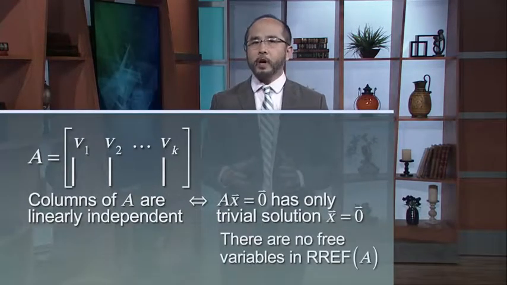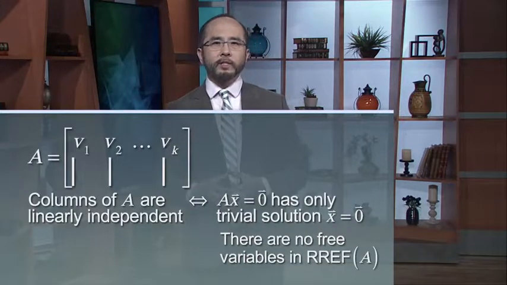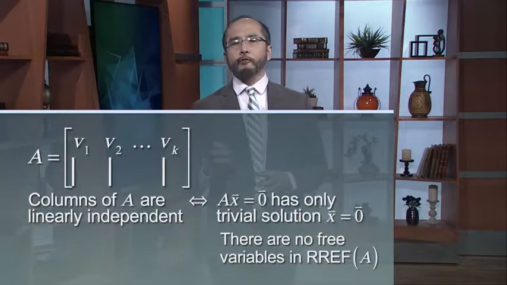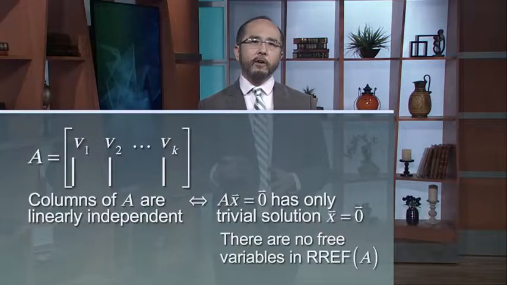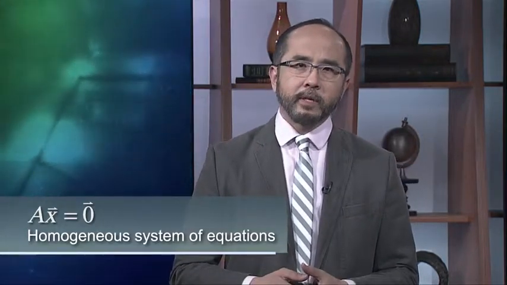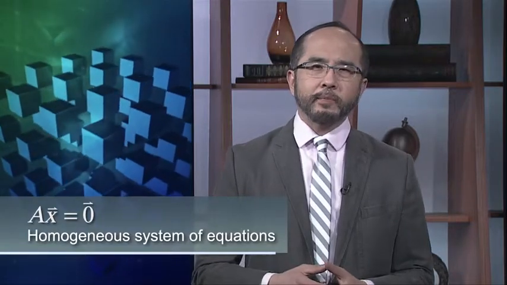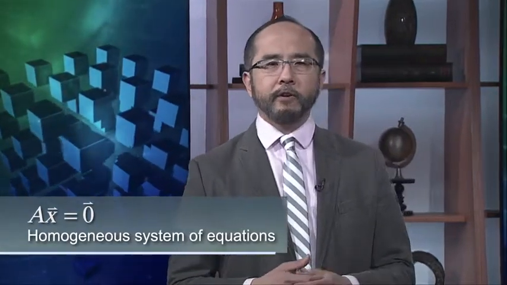And we can see from the RREF of A that you have linear independence of the columns if there are no free variables in the RREF. By the way, a system of equations of the form Ax equals 0 has a special name. It's called a homogeneous system of equations. And notice that it can always be solved because A times the 0 vector gives the 0 vector.